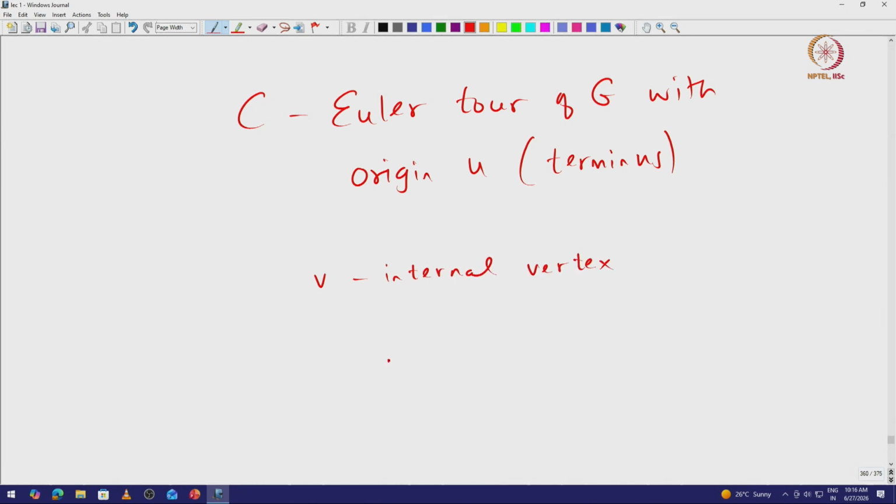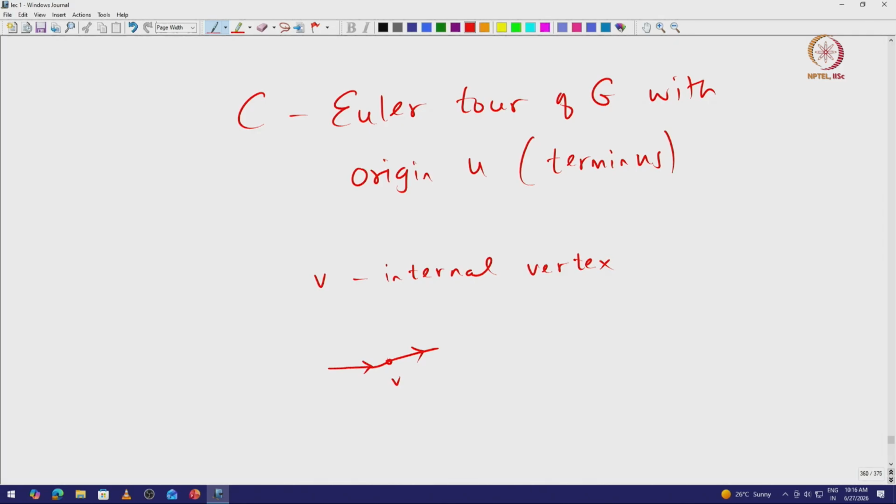Each time an edge comes into V in the Euler tour, there must also be an edge exiting from V, because this should happen at any given internal vertex.